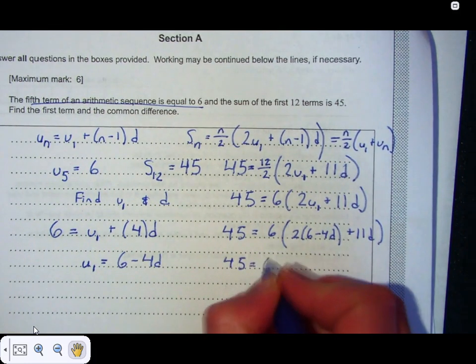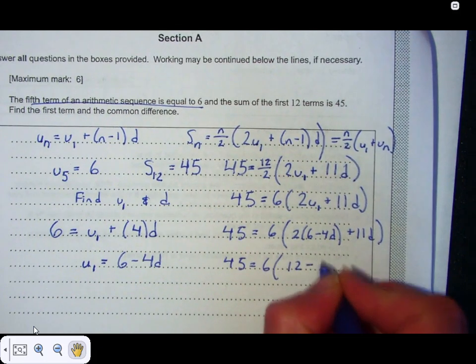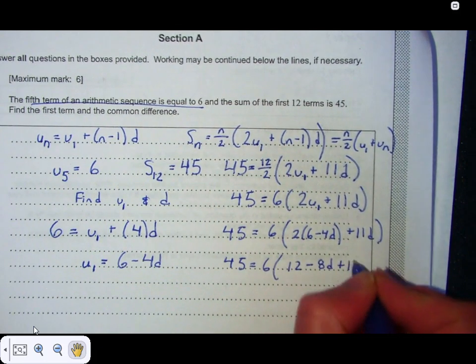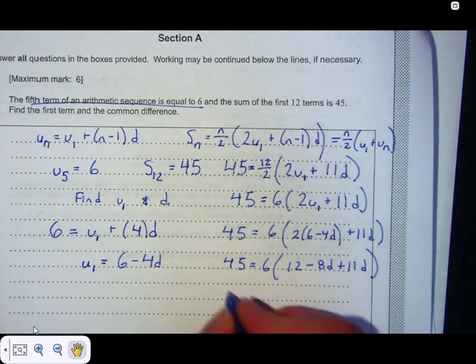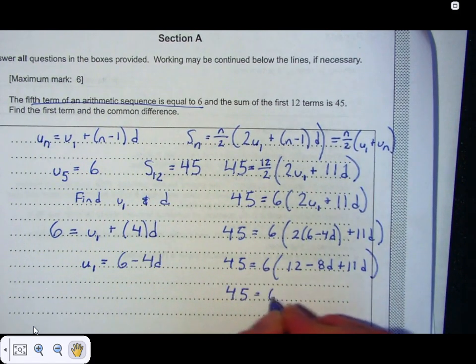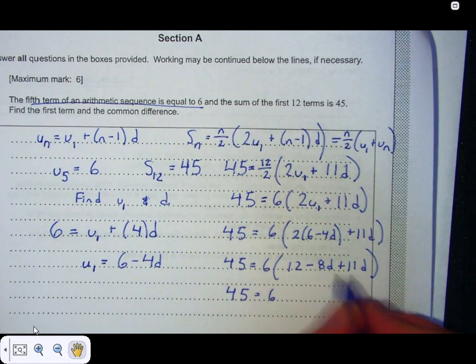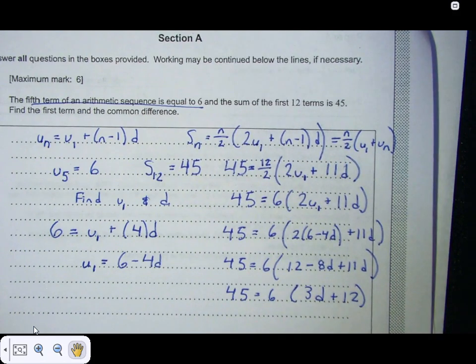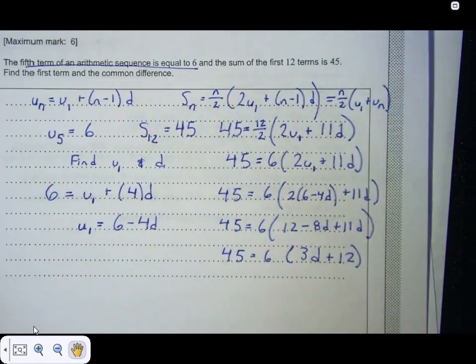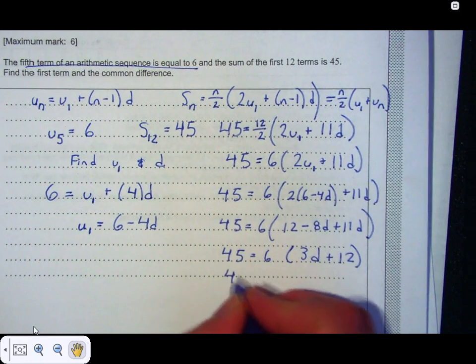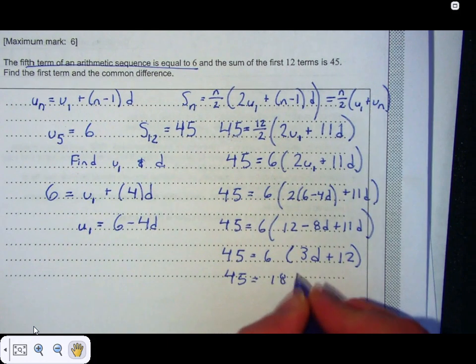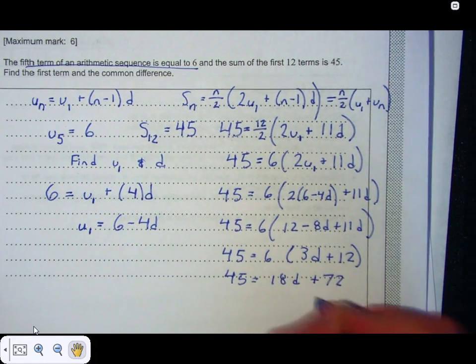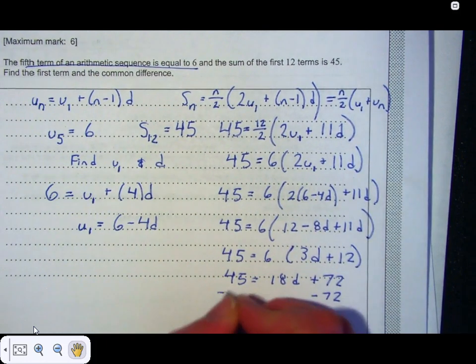We can distribute it, so you'd have 12 minus 8d plus 11d. And then combine these, so 11 minus 8, so 3d. And of course we don't have a calculator, so we're having to suffer. 18d plus 72, subtract 72.